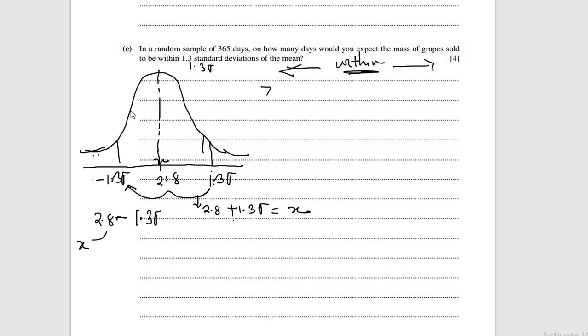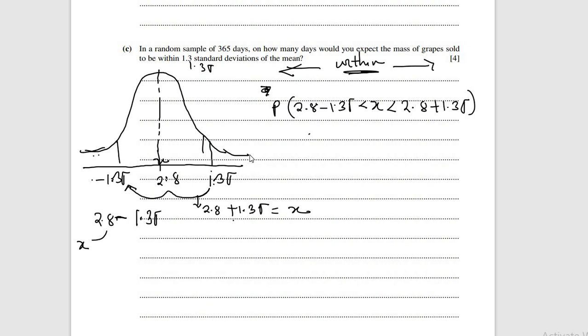Let's standardize it. It said 1.3 standard deviations within the mean. So it's now the probability of 2.8 minus 1.3 standard deviations less than x less than 2.8 plus 1.3 standard deviations.